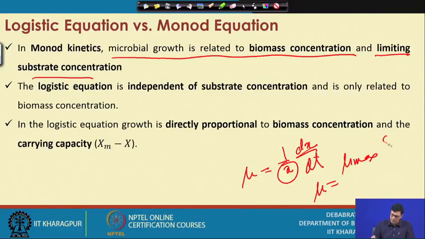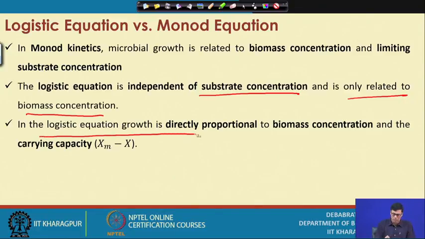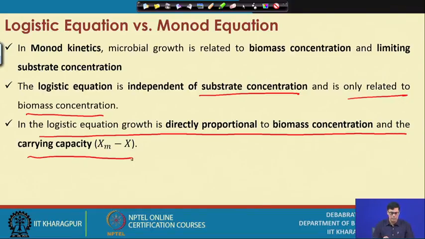Mu max S by Ks plus S. So, it is the limiting substrate concentration. The logistic equation is independent of substrate concentration; it is only related to the biomass concentration. It is directly proportional to the biomass concentration and the carrying capacity, xm minus x.